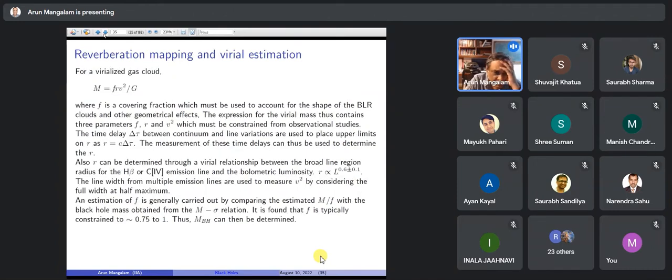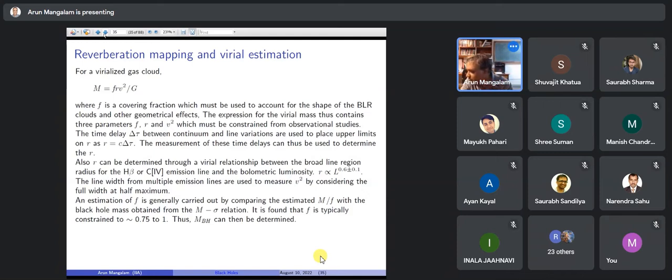And then there is something called reverberation mapping. So this is also using the same idea of GM by R equal to v squared, but the idea is that there would be a bunch of clouds, a broad line region.